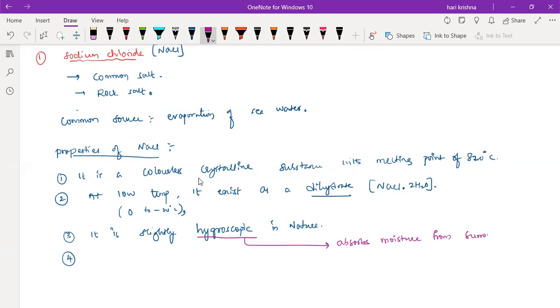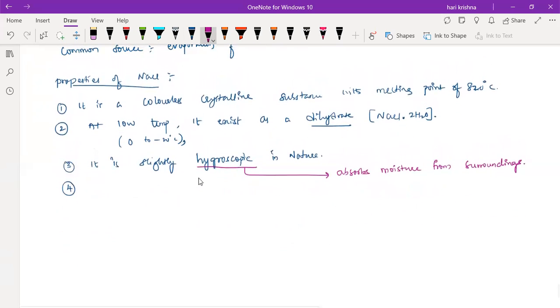Hygroscopic means absorbing moisture from the surroundings. It will not become completely liquid, but it will absorb a little moisture and become semi-liquid. Have you seen this? When you put common salt in a plate in the outside atmosphere for some time, it absorbs the moisture from the surroundings and becomes semi-liquid.